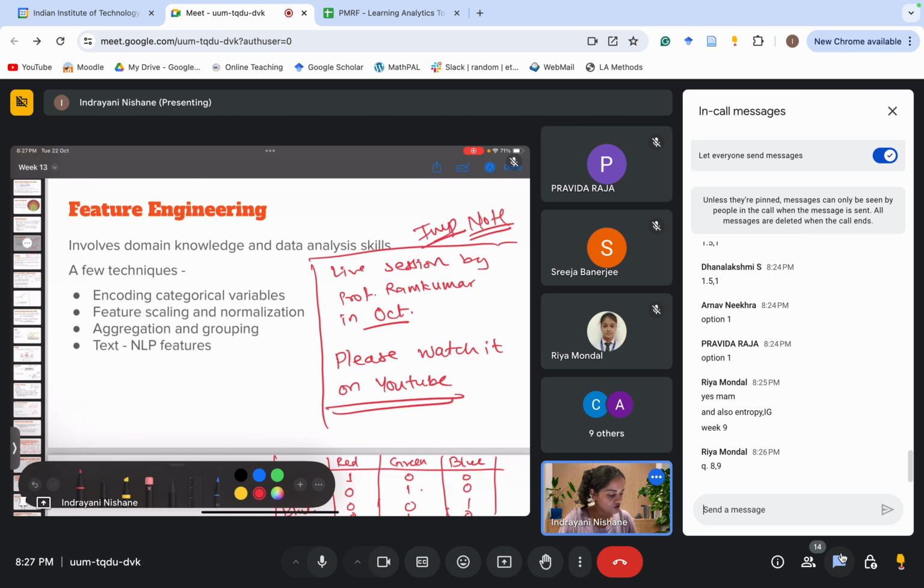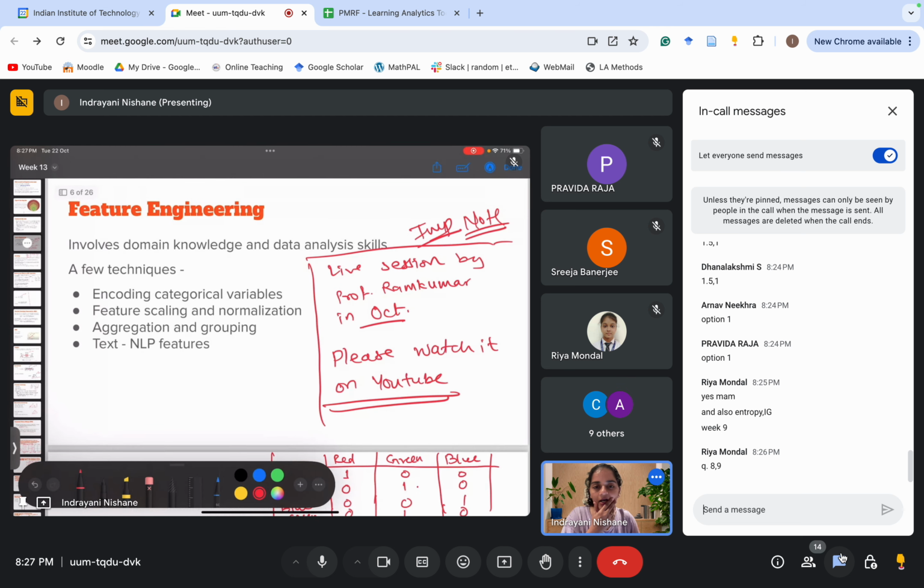So this is it about entropy and information gain, because it has a lot of calculation with different bases: base 2, base 3, base 4, depending on how many clusters we are forming.